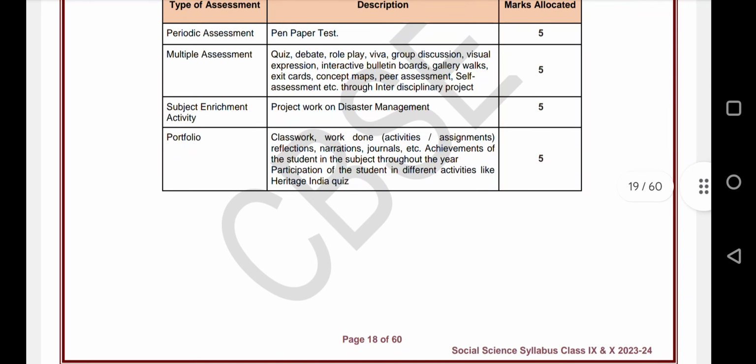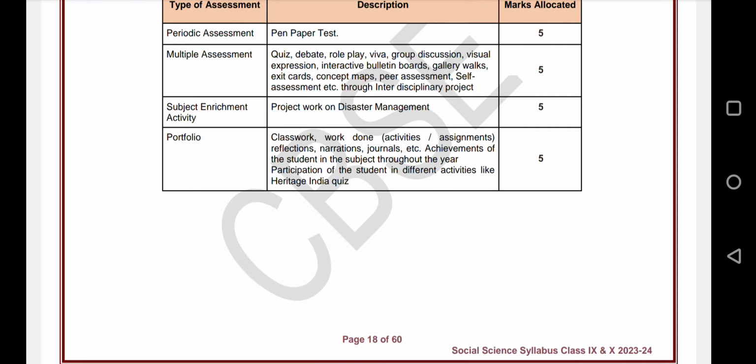Then portfolio is basically when you do things the whole year, you learn many things, and you present your learning from beginning to end of the session in one folder. You show how many maps you have practiced, you show how many activities you have done, you have made some posters, art integrated topics, like you're integrating things from science, maths, and art also, like you are drawing something, poster making, slogan writing.